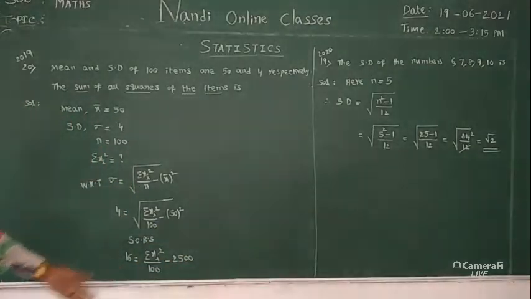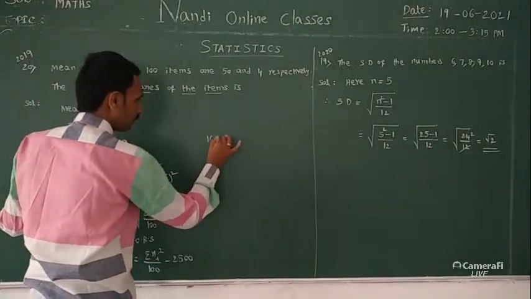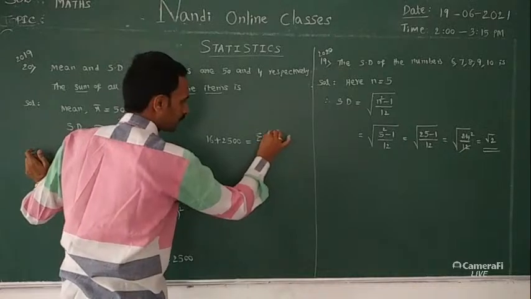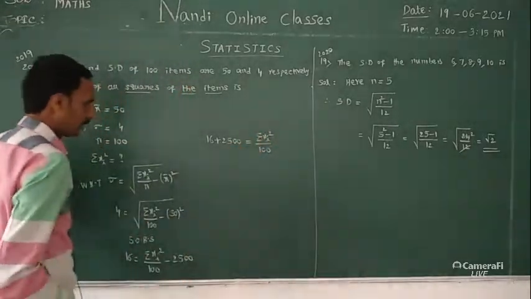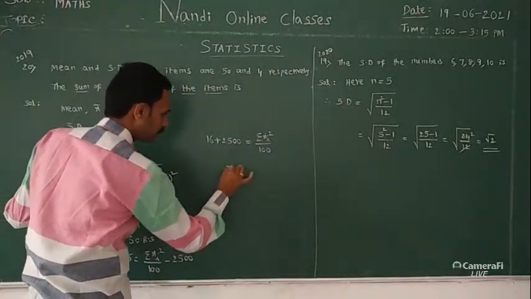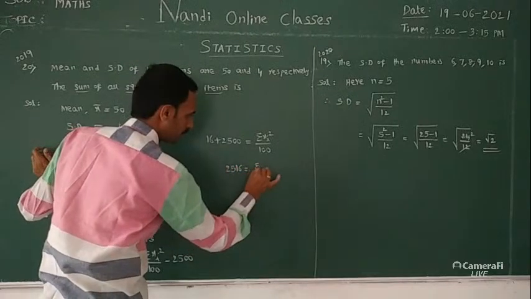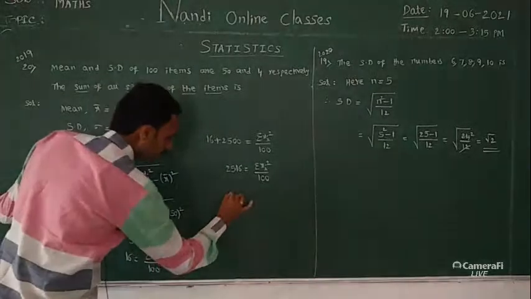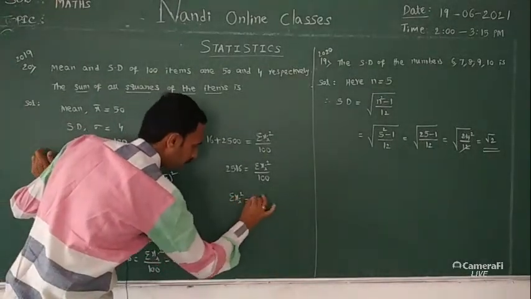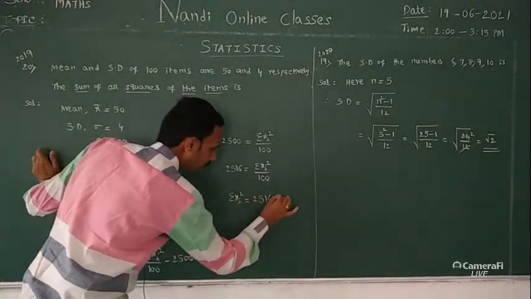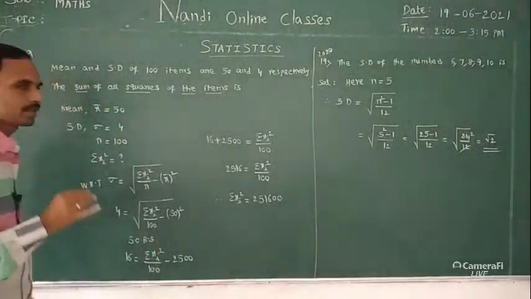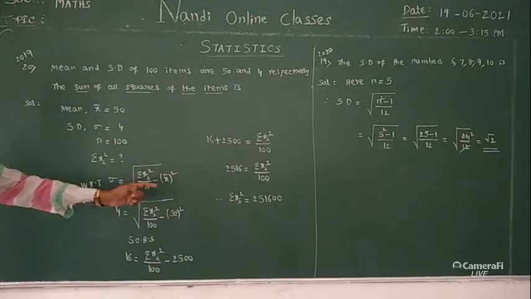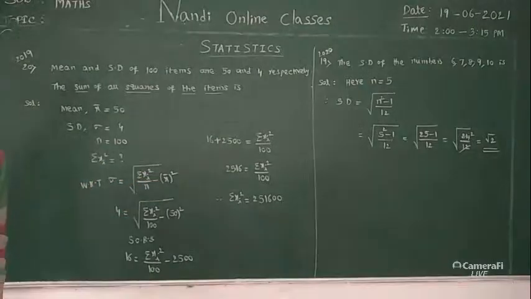Bring this side. 16 plus 2500 is equal to summation xi square by 100. Okay, 2500 plus 16, 2516 is equal to summation xi square by 100. Multiply, summation xi square is equal to 251600. Okay, that is the sum of all squares of the items. 2,51,600. Write it.